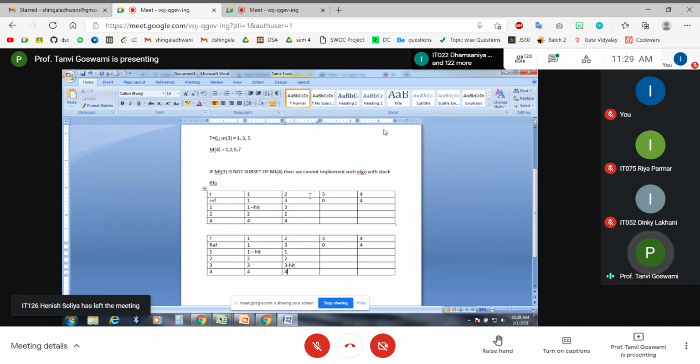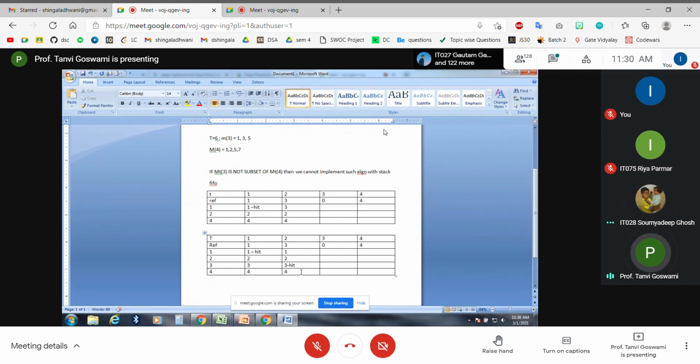So at t equal to 2, M of 3 is having pages 3, 2 and 4. And with page frame number 4, at t equal to 2, we are having 1, 2, 3 and 4. So is this a subset of this? Can you say yes or no? Yes, ma'am.